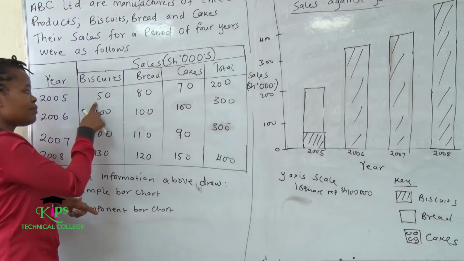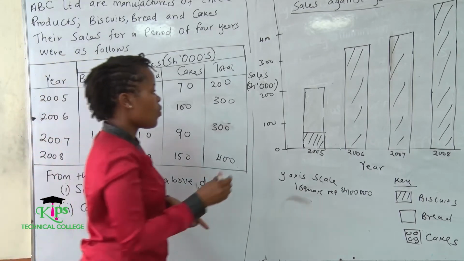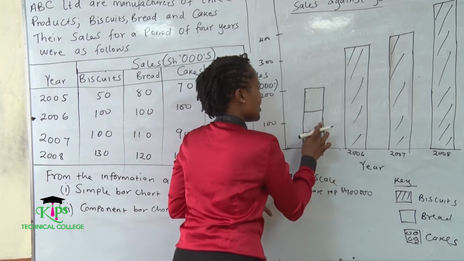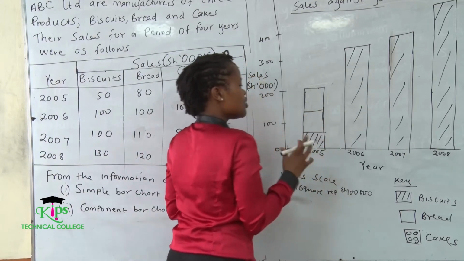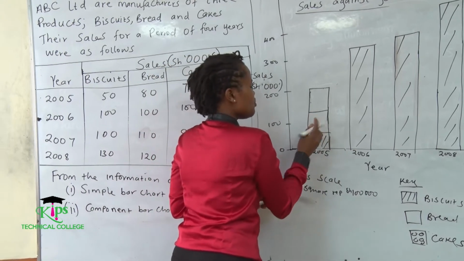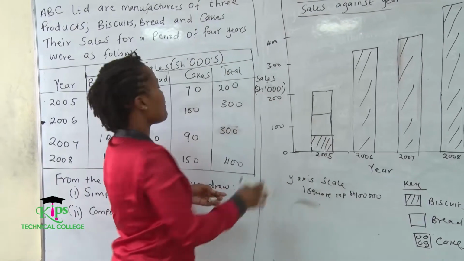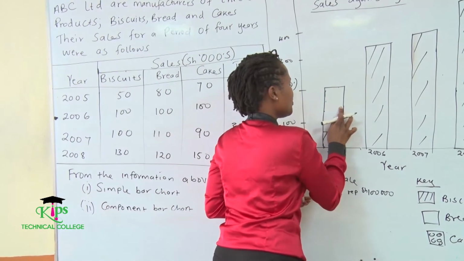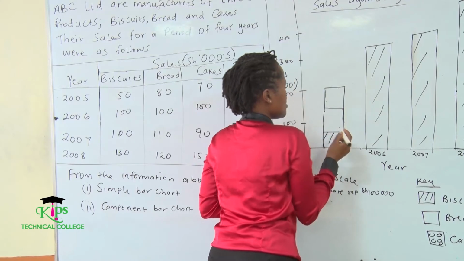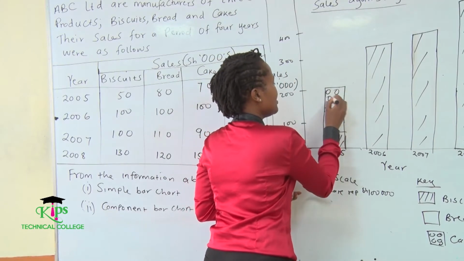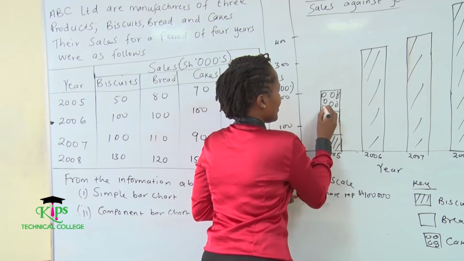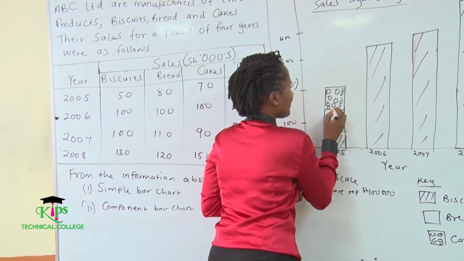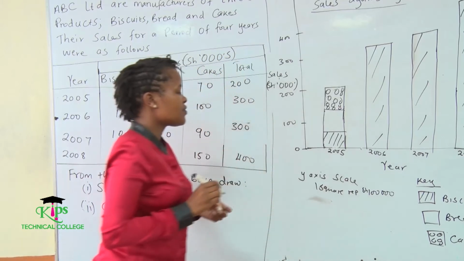It's supposed to be 50 plus 80, that's giving us 130, so it will be around here. Remember, I'm just estimating, but in your case, you're supposed to be using a very good graph paper. So this is my 80. Then the remaining is supposed to be 70, and that will be for cake. That is for 2005.